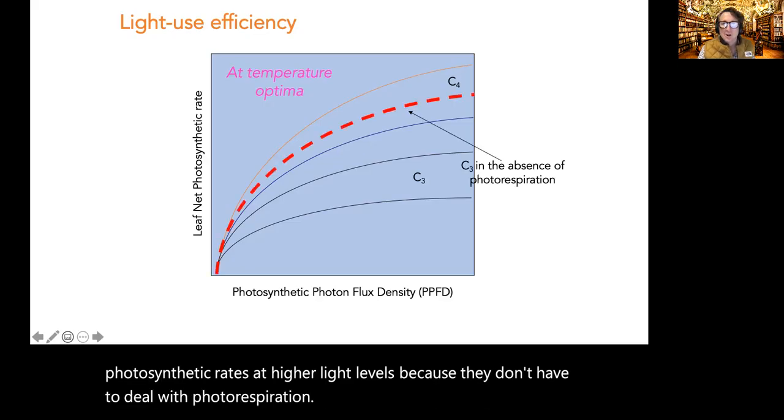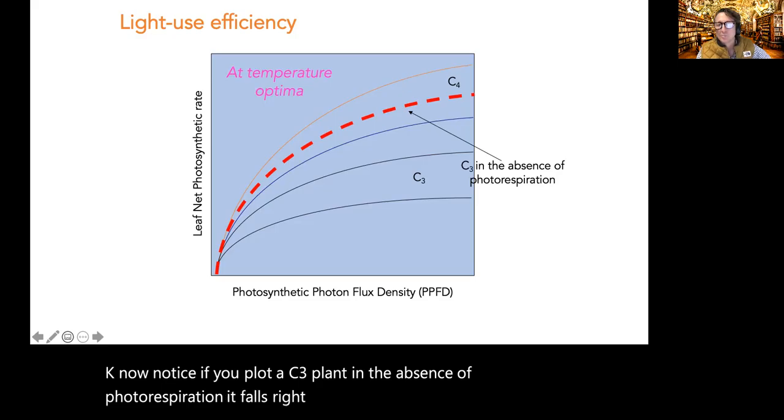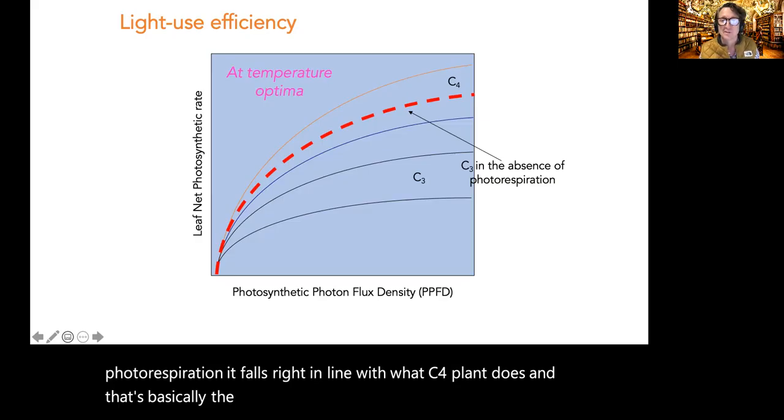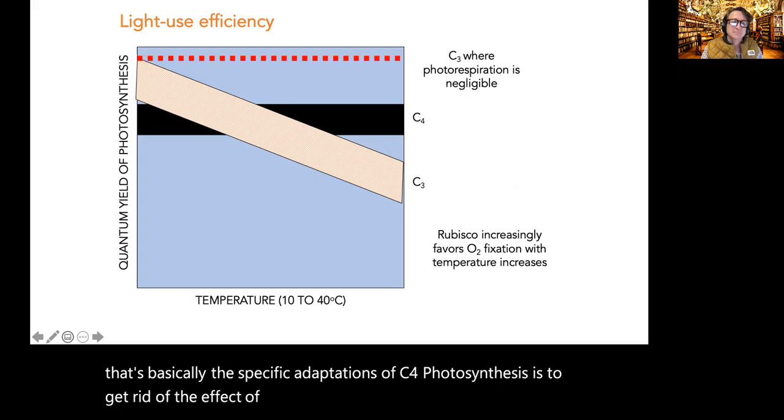Okay. Now notice if you plot a C3 plant in the absence of photorespiration, it falls right in line with what a C4 plant does. And that's basically the specific adaptation of C4 photosynthesis, to get rid of the effect of photorespiration. Ingenious. Okay.